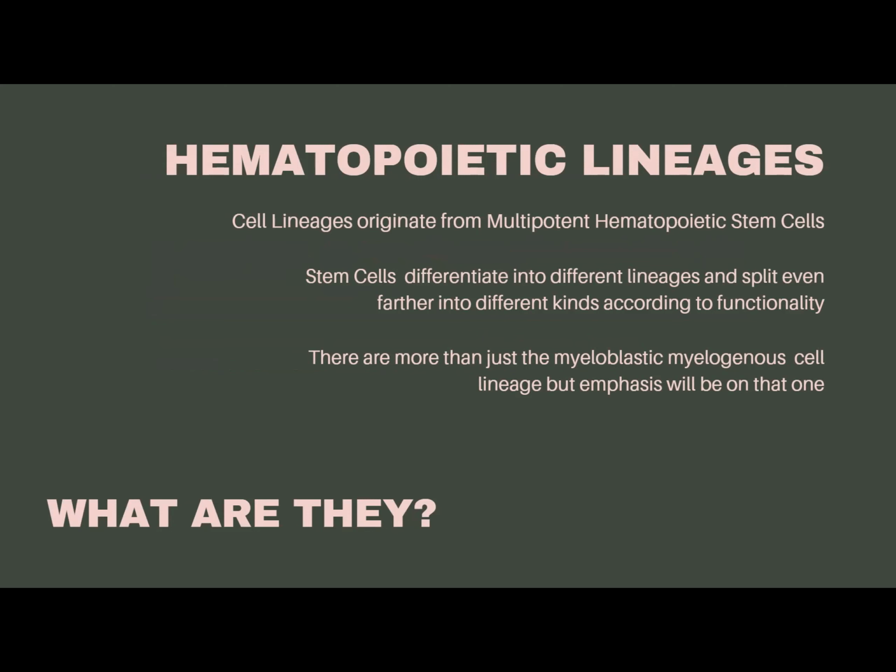Stem cells differentiate into different lineages and split even farther into different kinds of cells according to functionality. The younger cells are larger and the more specific cells are smaller. There are more than just the myeloblastic myelogenous cell lineage, but emphasis for the myelogenous lineage will be on that specific line.